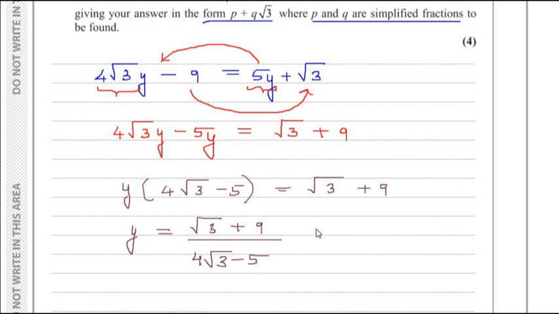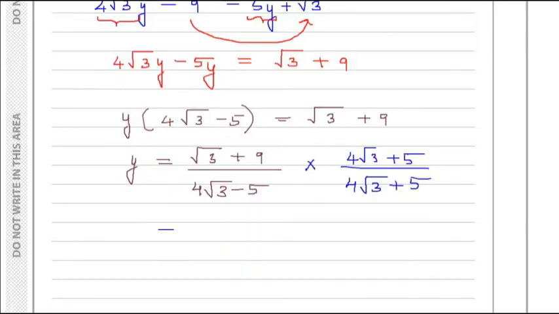To do that, we are going to multiply and divide the answer we have got by the conjugate of the denominator. So we can write it as (4√3 + 5) over (4√3 + 5). This is called rationalization. Now we will multiply the terms in the numerator. So √3 multiplied with 4√3, we get it as 12.